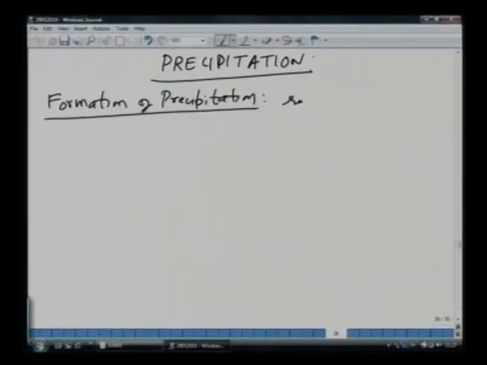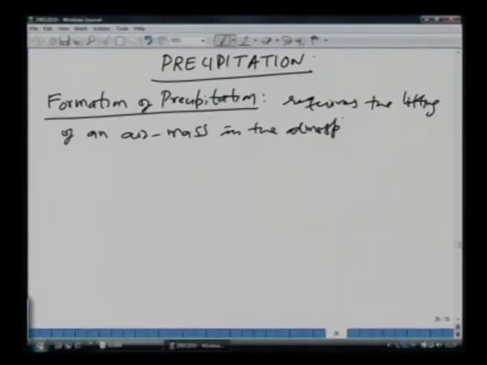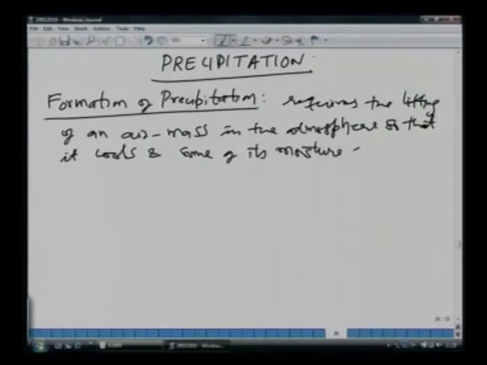Okay. Let me write it down. Requires the lifting of an air mass in the atmosphere so that it cools and some of its moisture condenses.